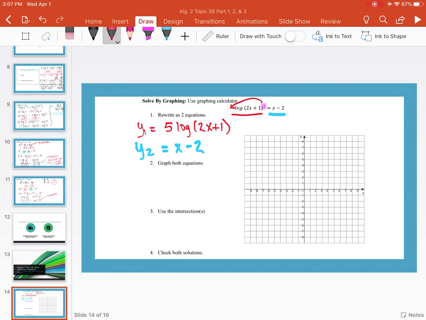So I'm going to very casually graph these two on the graph here. I'm going to start with the linear function, and then with the logarithm.